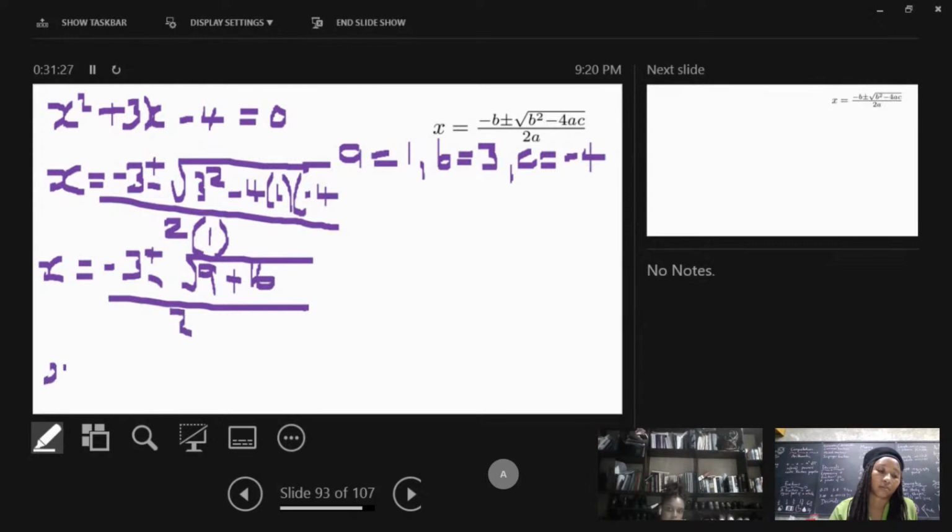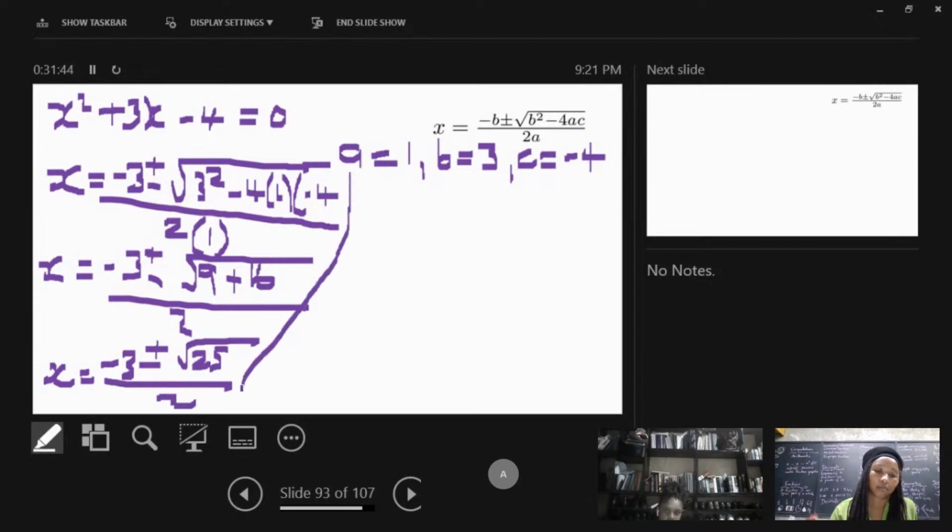So that would be negative 3 plus or minus the square root of 25 over 2. The square root of 25 is 5. So negative 3 plus or minus 5 over 2.